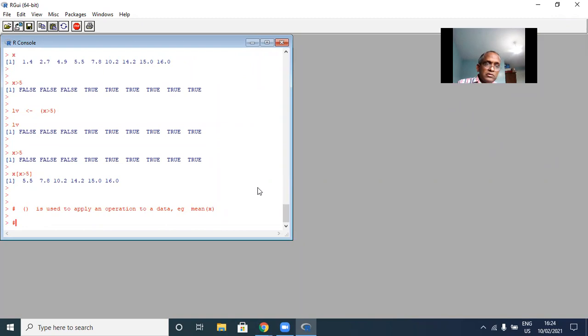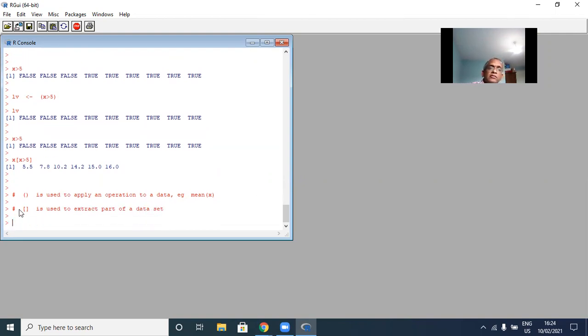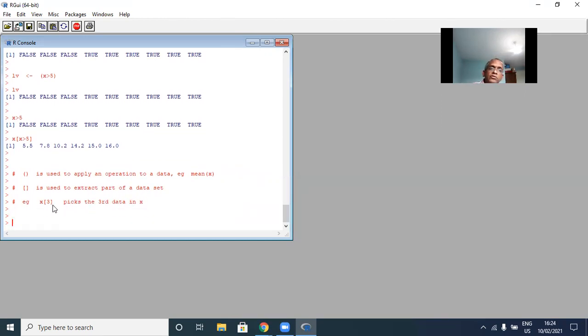Now, whenever I use the square brackets, the square bracket is used to extract part of a data set. So for example, x square brackets 3 picks the third data point in the data contained in x, right?